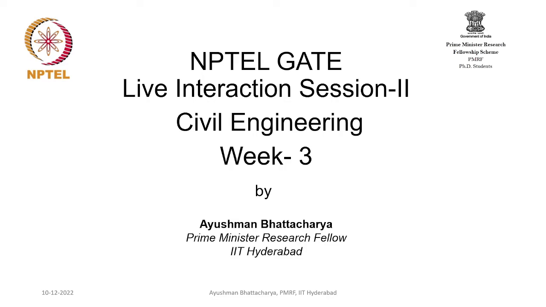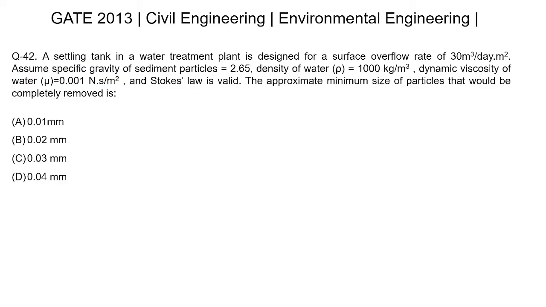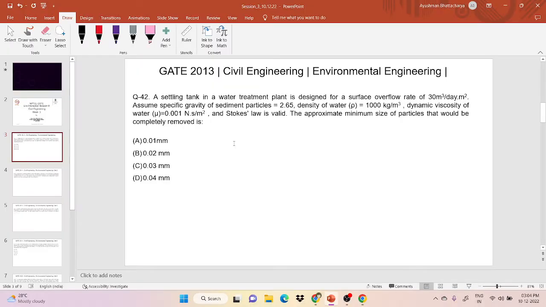So, this is week 3, and in this session, we will solve the GATE previous year questions. Let's start with the first question, which came in GATE 2013. The question says a settling tank in a wastewater treatment plant is designed for a surface overflow rate of 30 meter cube per day per meter square.